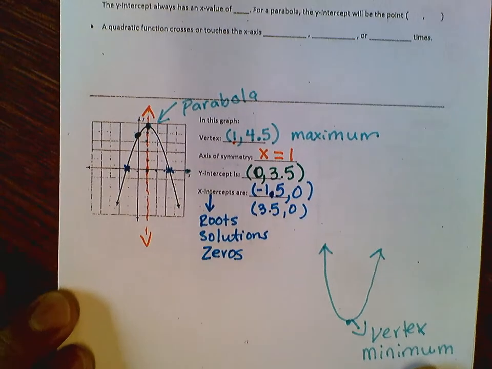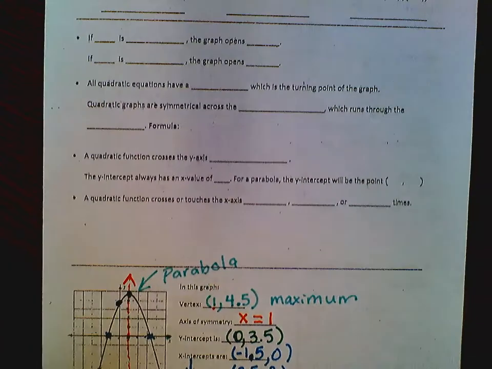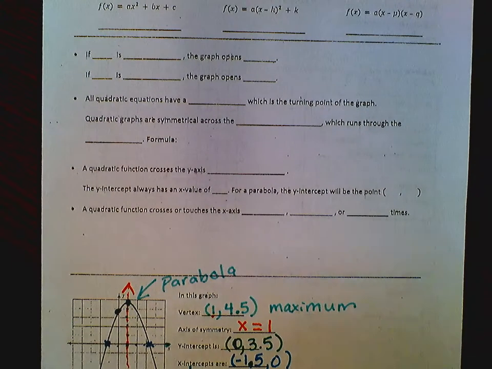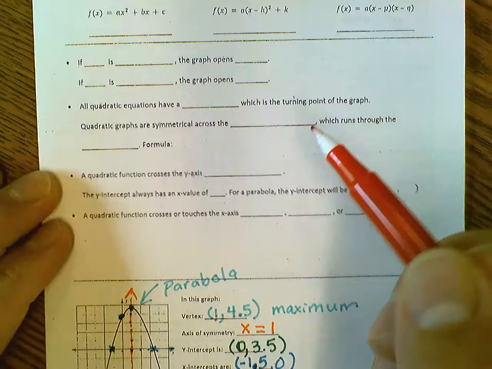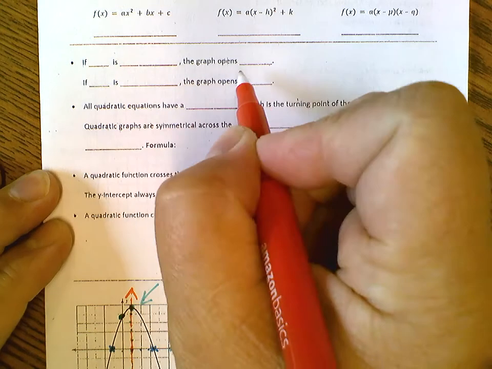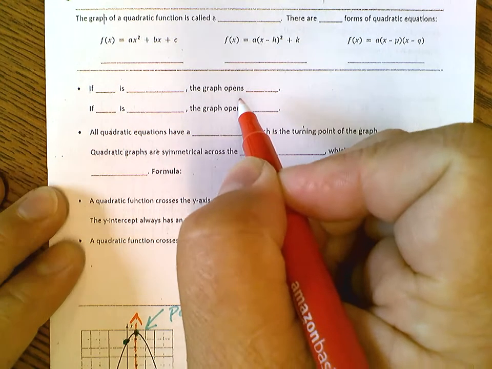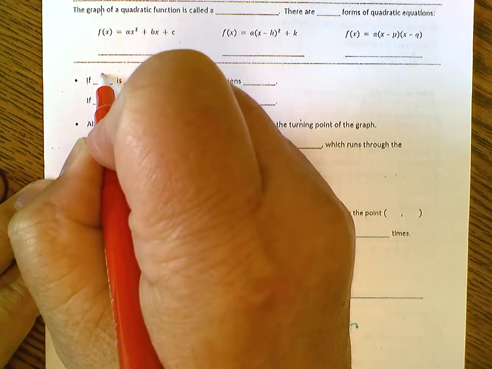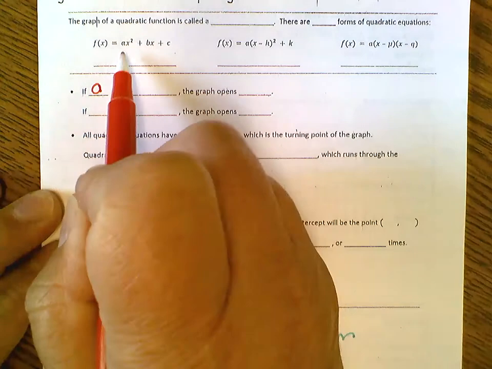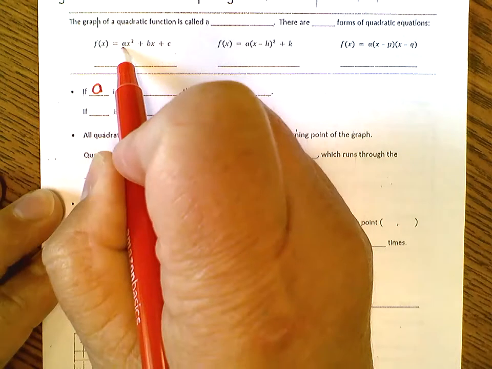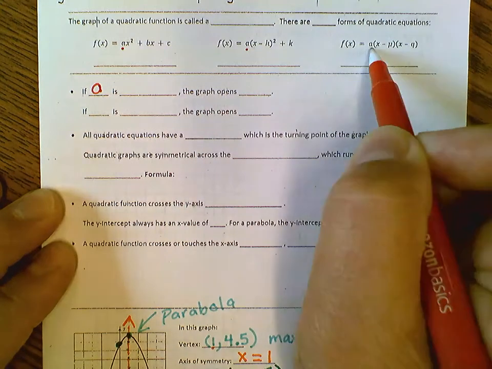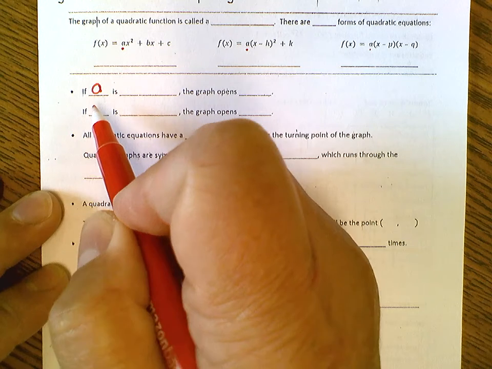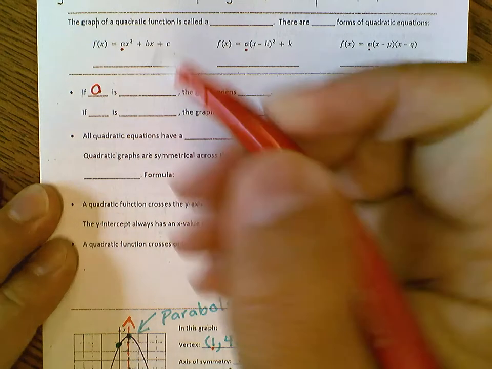Okay, now let's go back up to the middle section. So hopefully you remember this first part from your transformations of parent functions. If A, so look at our little samples up here. We have A here, we have an A here, and we have an A here. So A is always going to be that number in front, that leading coefficient.